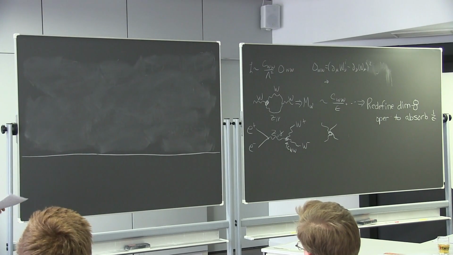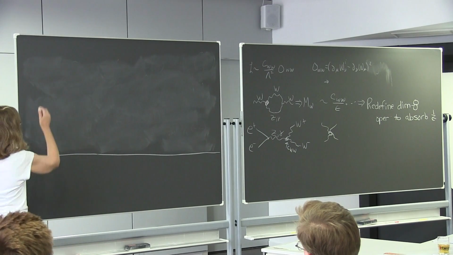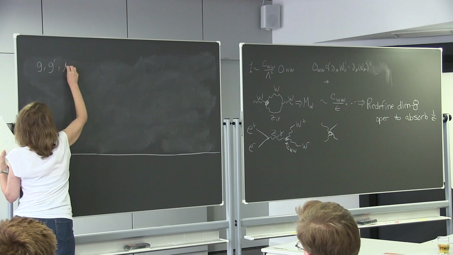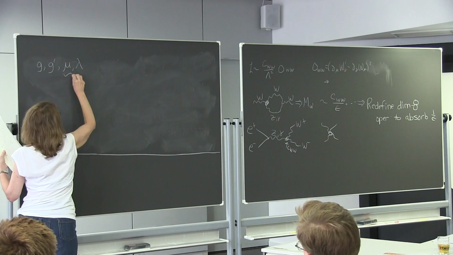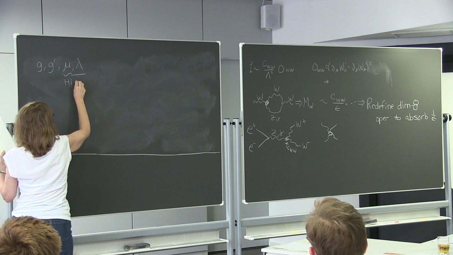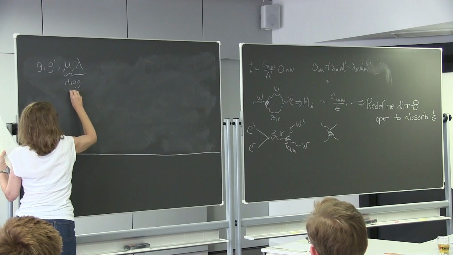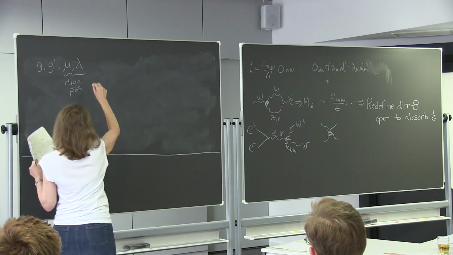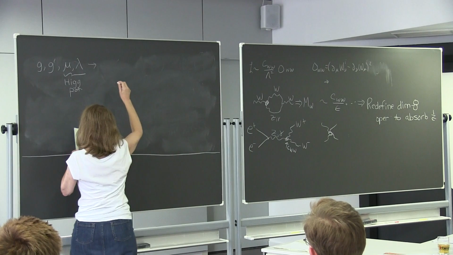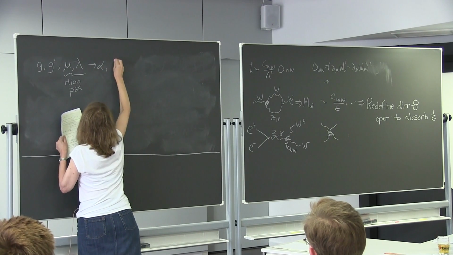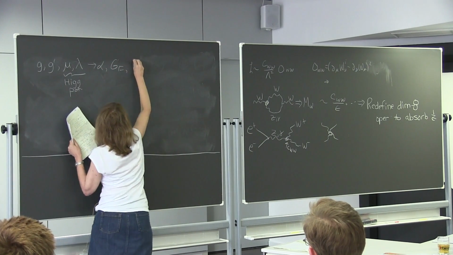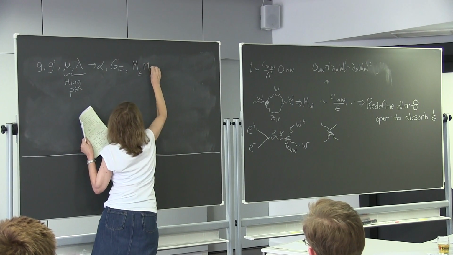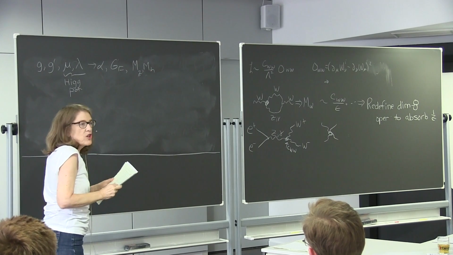We just have the electroweak theory. So we've got g and g prime as our coupling constants, and we've got mu and lambda from the Higgs potential. And as I said before, we're going to trade these for alpha, G Fermi, MZ, and MH, using relationships of the Standard Model.